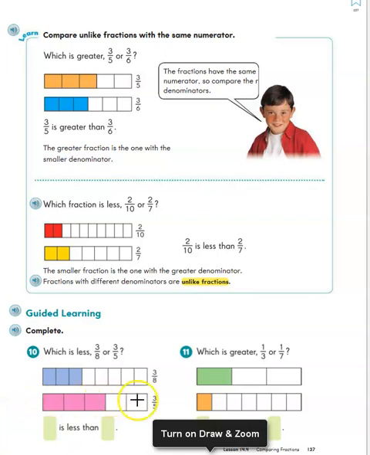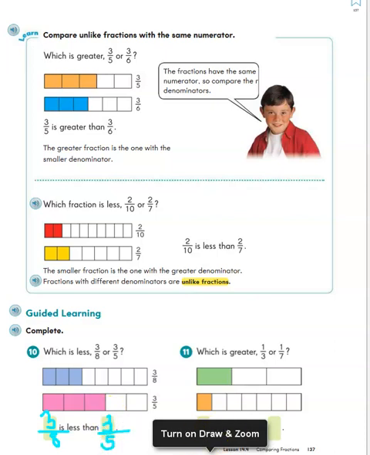Those 2 bars are exactly the same size to start with, but one of them's cut into 8 pieces and one of them's only cut into 5 pieces. So we definitely know that 3 out of 8 is less than 3 out of 5.